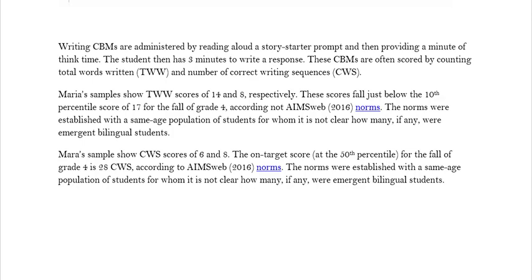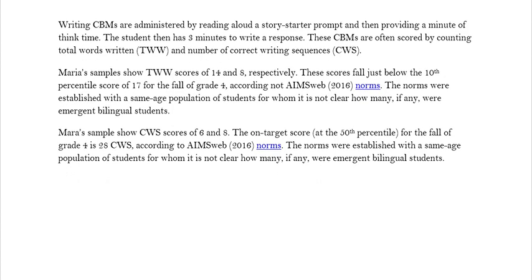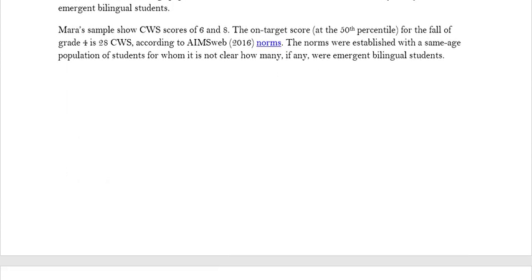At the midpoint of 4th grade, when she is completing these, the expected number of correct writing sequences, which is like 2 adjacent units of grammatically, semantically correct written language, is 28, and she was earning 6 and 8 respectively on those samples.